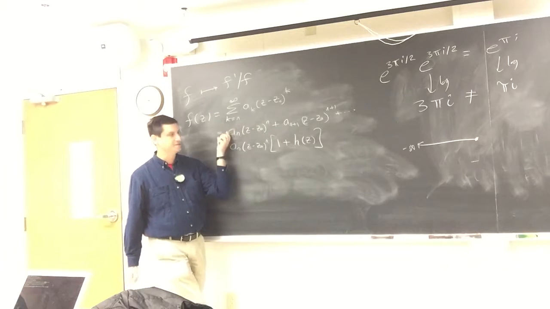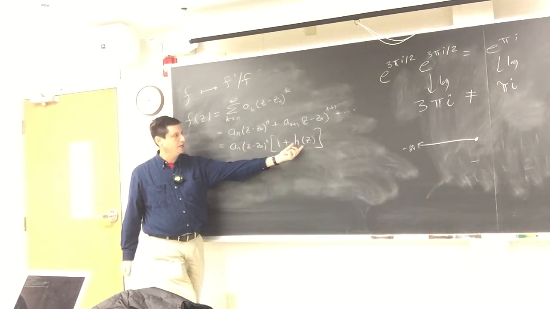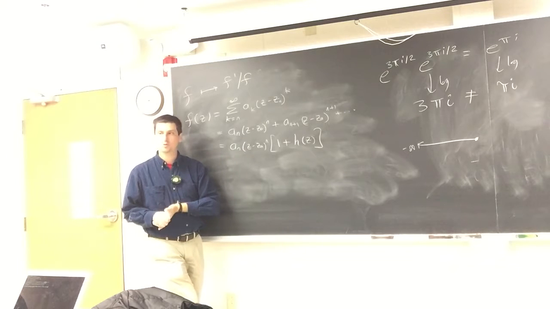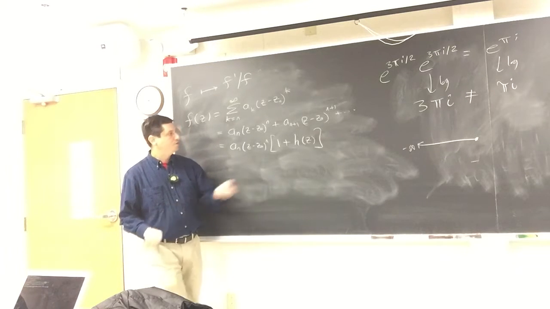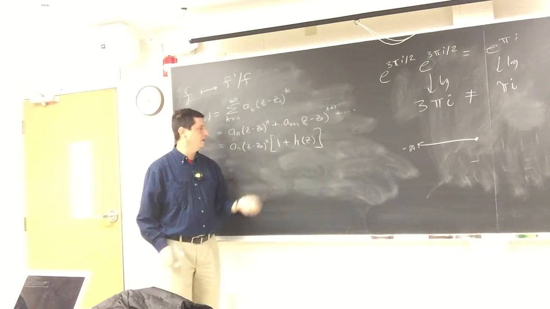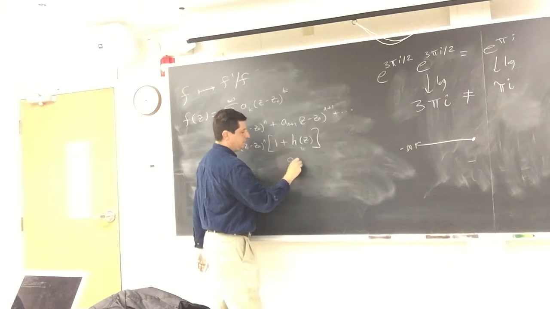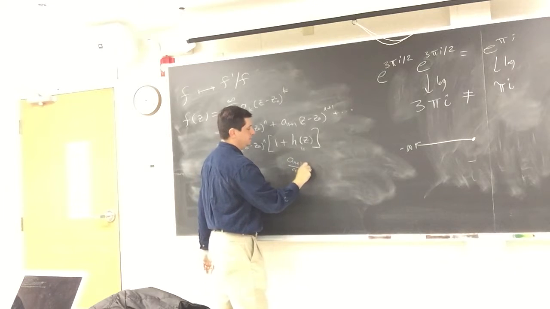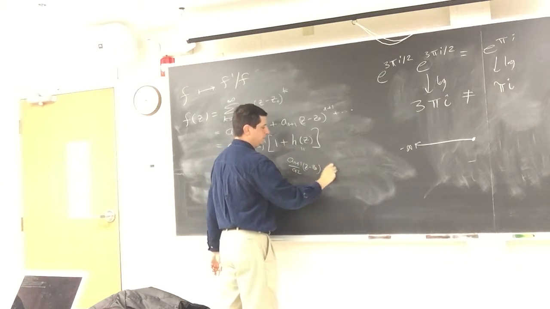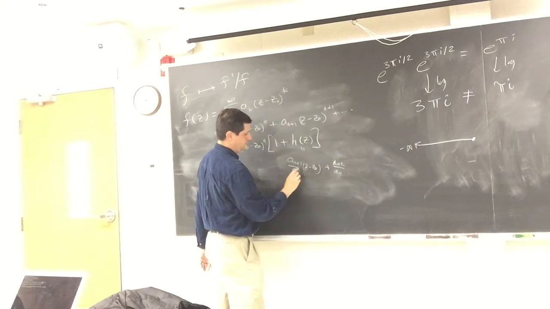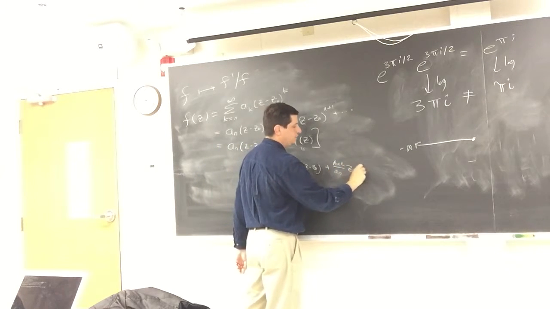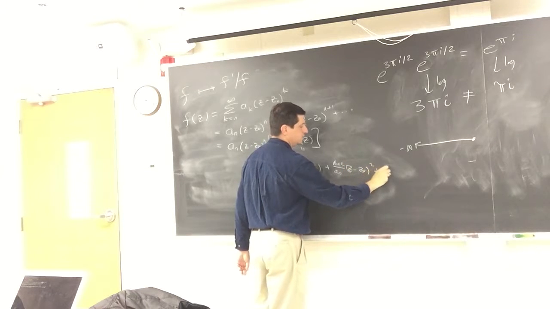Well, I'm just going to factor this out. What can you tell me about h of z when z is really close to z naught? Well, the first term is going to be a_{n+1} over a_n. So h of z will equal a_{n+1} over a_n times (z minus z naught) plus a_{n+2} over a_n times (z minus z naught) squared.